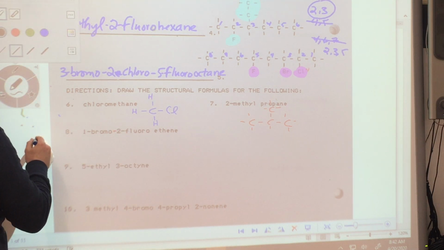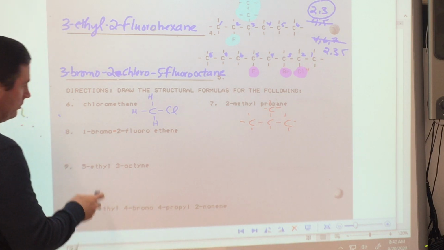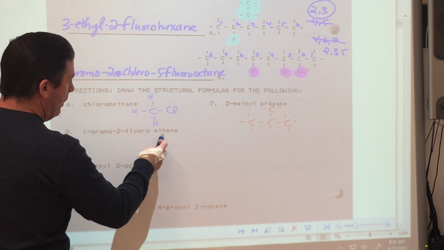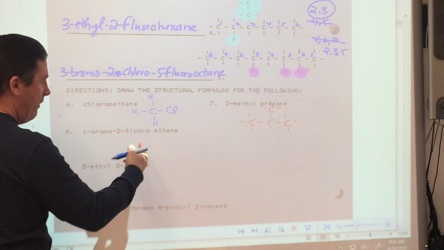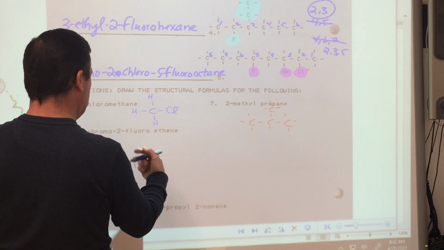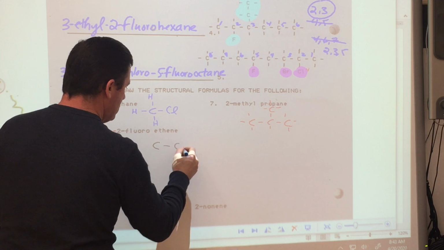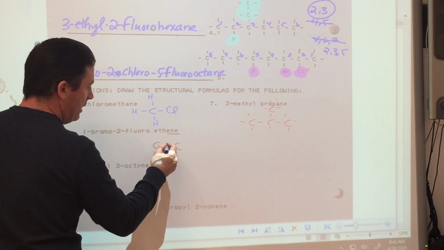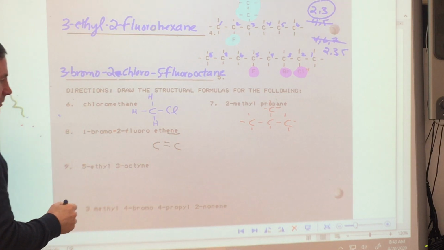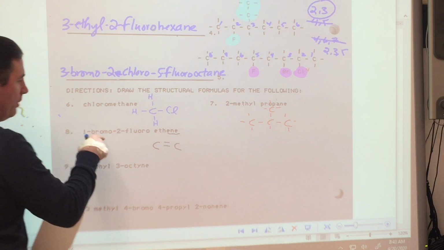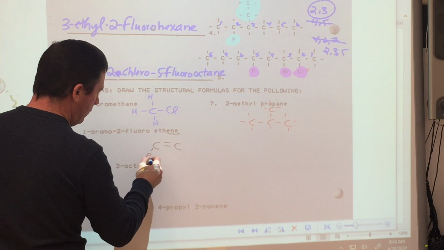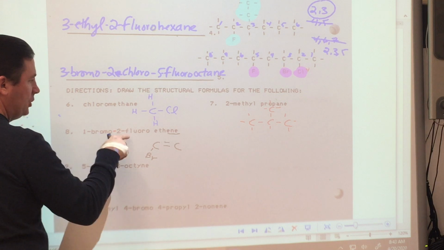Let's make it black. All right. 1 bromo, 2 fluoroethene. Okay, ethene is 2 carbons, and the ene tells me that I've got to have a double bond there. 1 bromo and 2 fluoro.